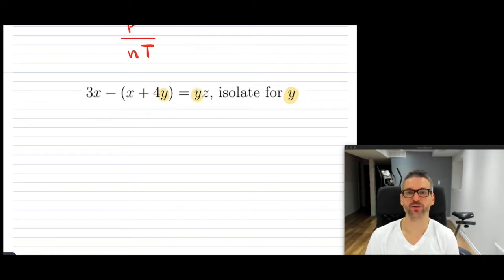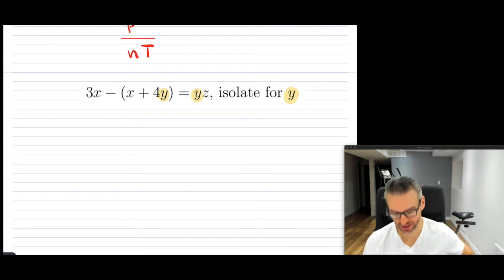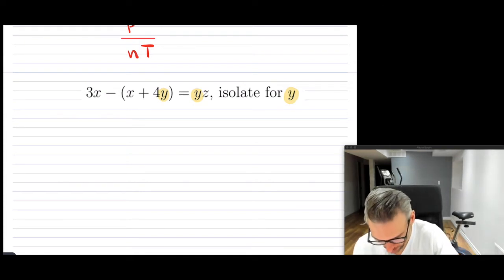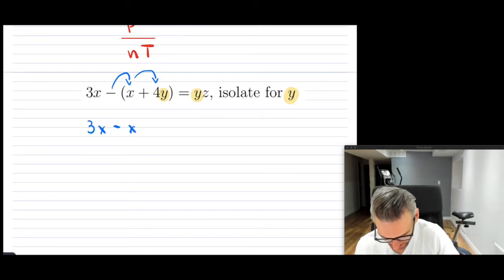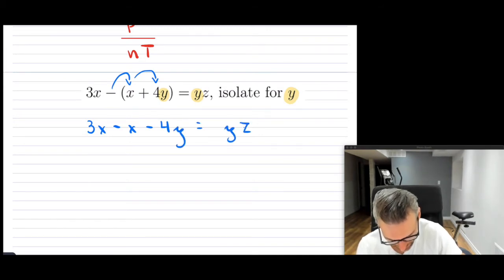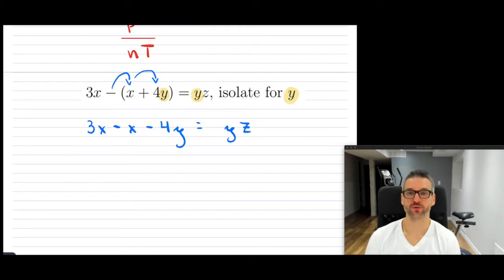So we're going to try to bring the terms with the y together on one side and everything else on the other. The first thing I'm going to do is get rid of the brackets so that I have no brackets at all. So I'm going to bring this negative inside. That's going to give me 3x minus x minus 4y equals 2yz. So that's the first thing.